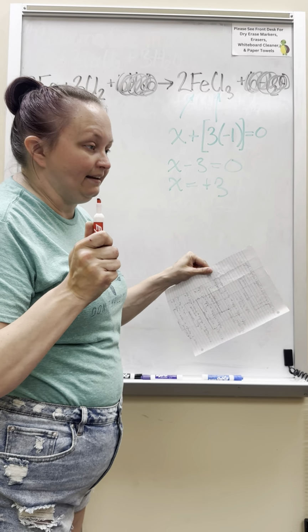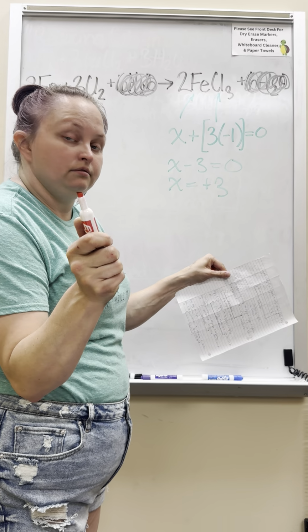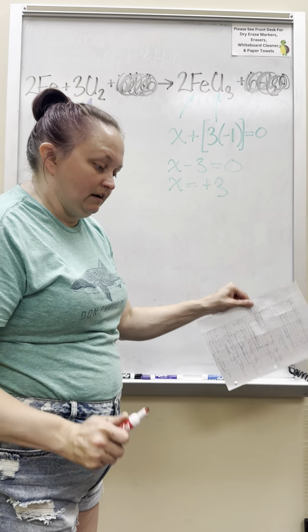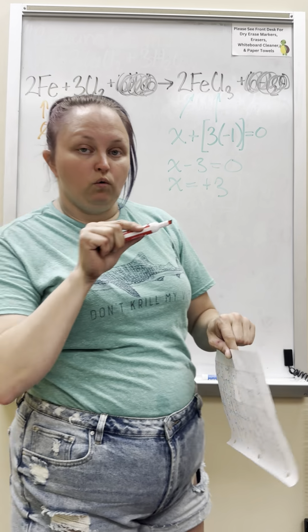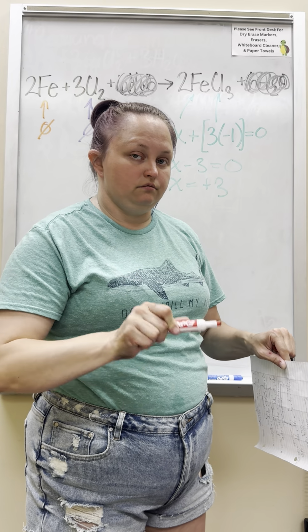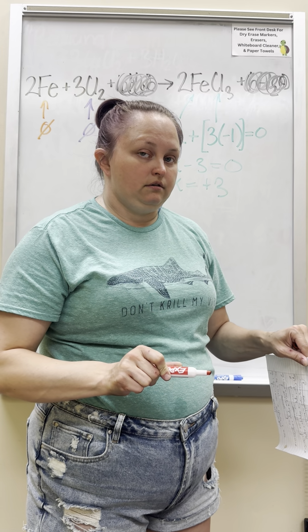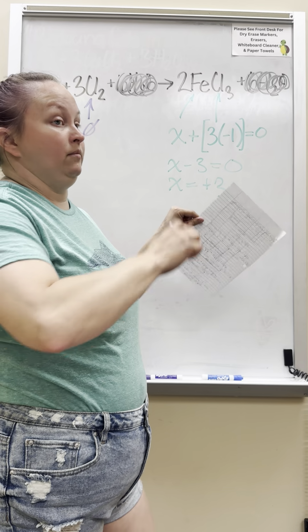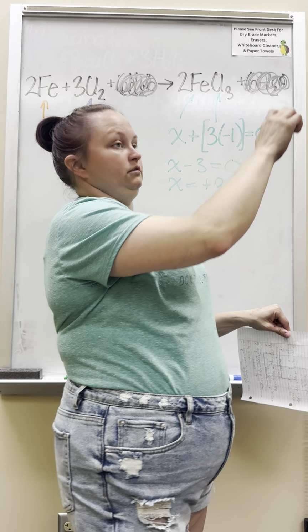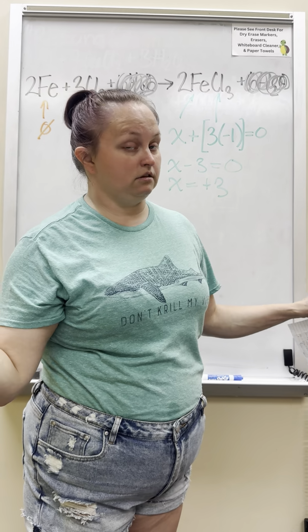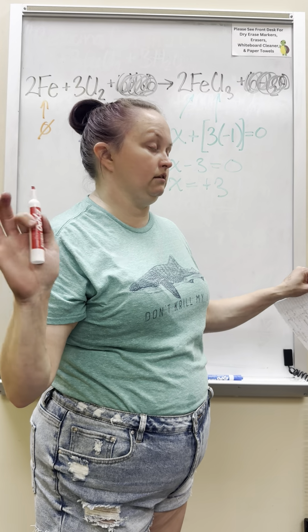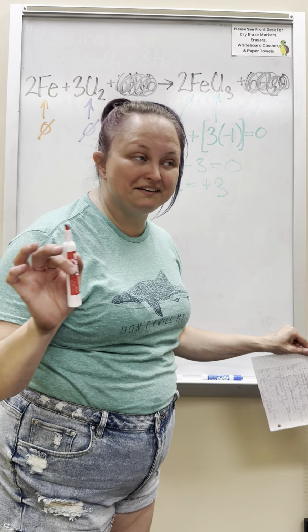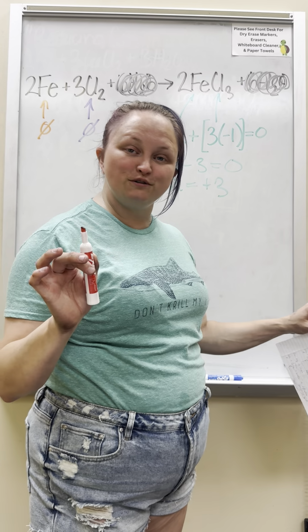If you're on the landing on 0 and you're climbing down the stairs, you're gonna get more negative numbers, right? So if you're going to +3, you're climbing up the stairs. You're not reducing. That is not what is being reduced.